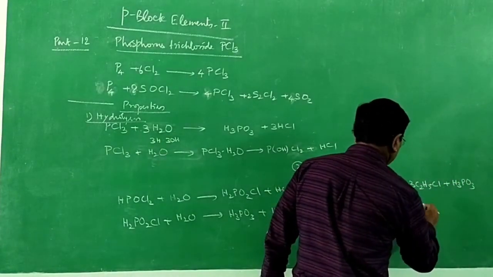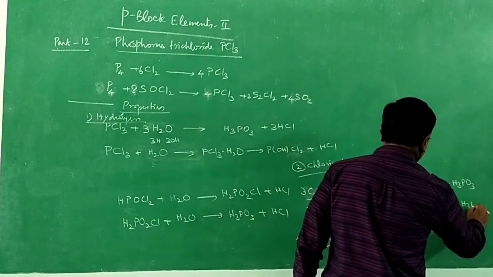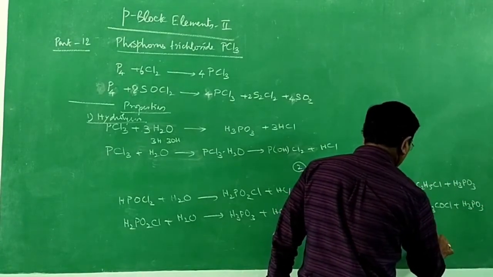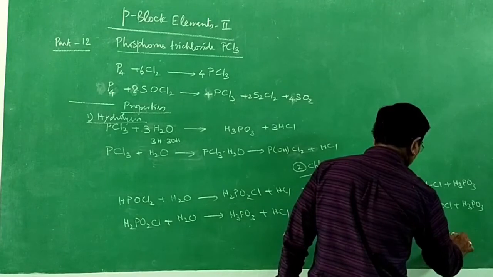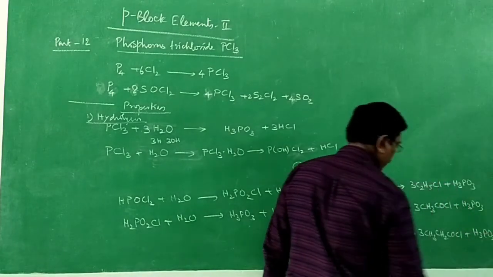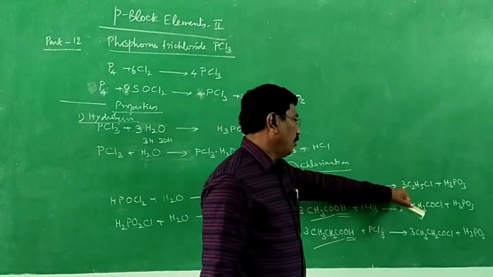Therefore, 3 CH3COCl plus H3PO3, POH thrice. 3 CH3CH2COCl plus H3PO3, POH thrice. Alright?